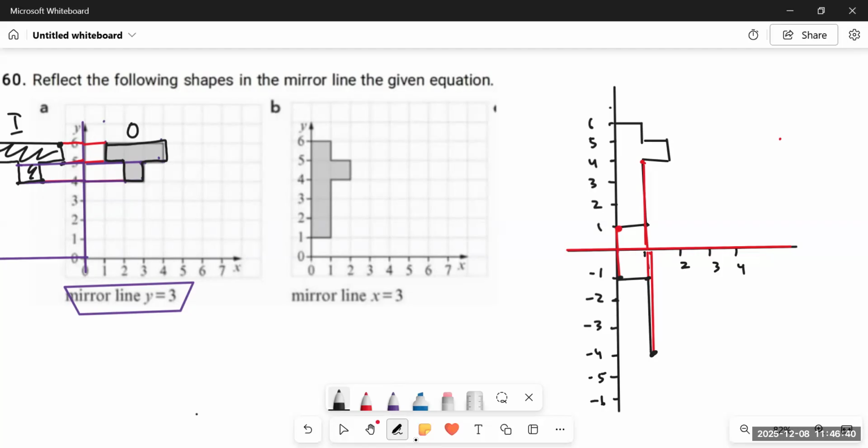And then we will go 1 square here, as you can see. Then 1 square down. 1 square back to the left. 1 square down. And we will join it. So you can see the two shapes, the object and the image, are congruent to each other.